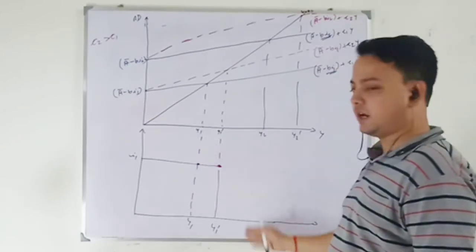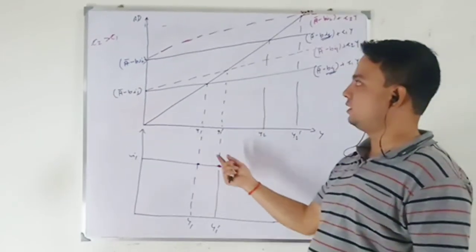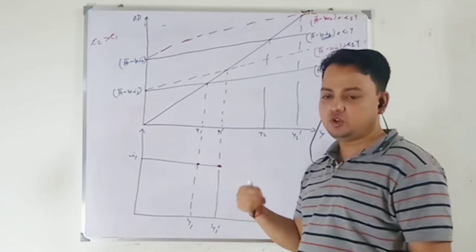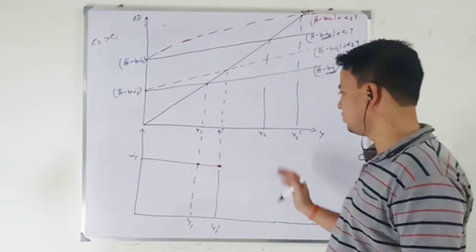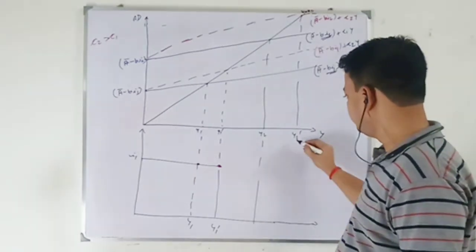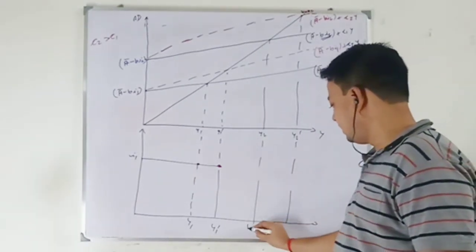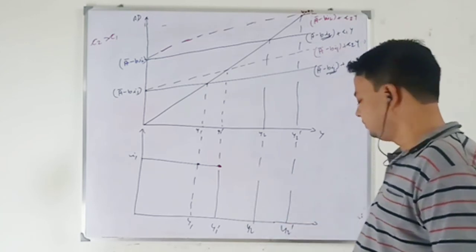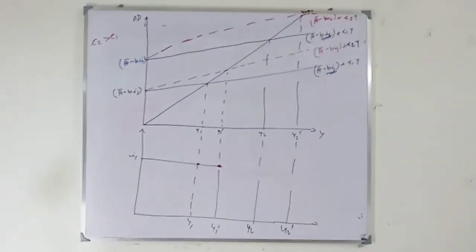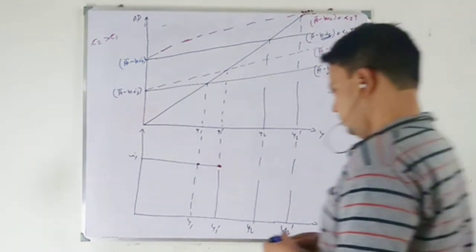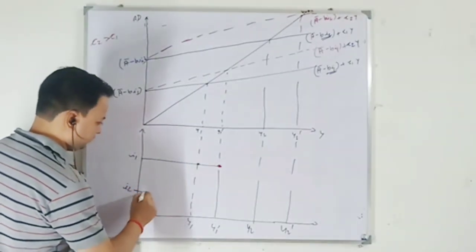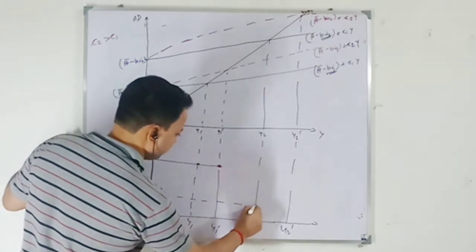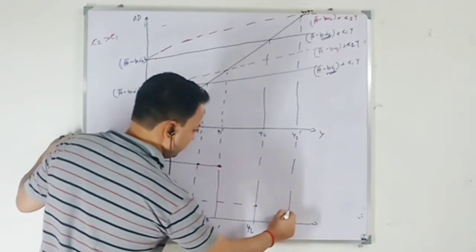This we have done already to derive the IS curve. I am saying that MPC influences the shape or slope of your IS curve. That is what I am showing. Let's take those two points. This is Y2, this is Y2 prime. So the rate of interest is say I2. One point here you get, the other point here you get.